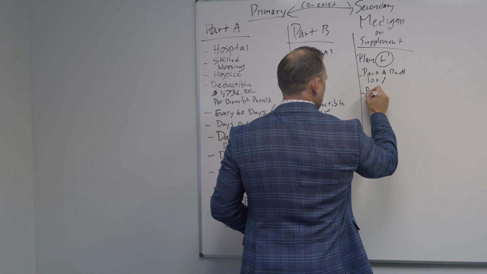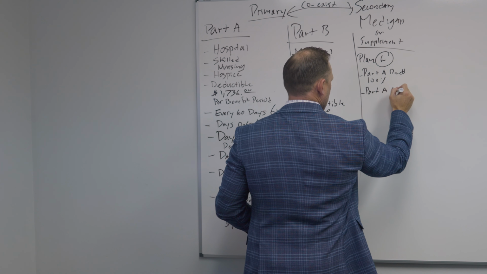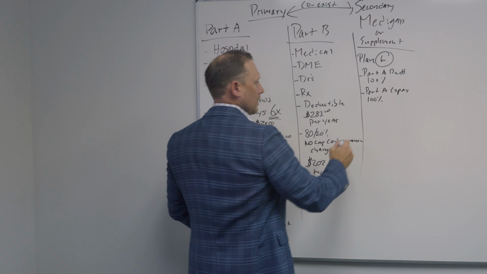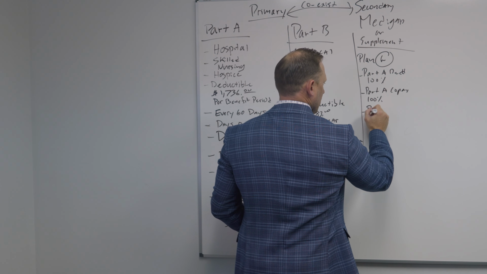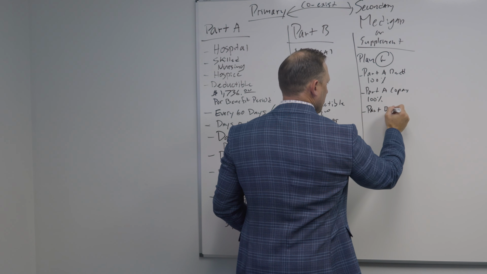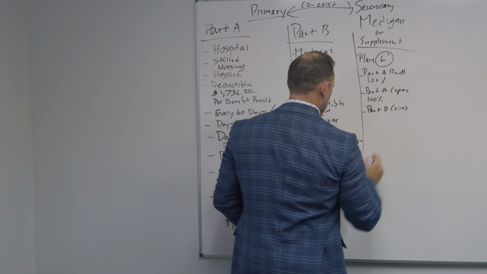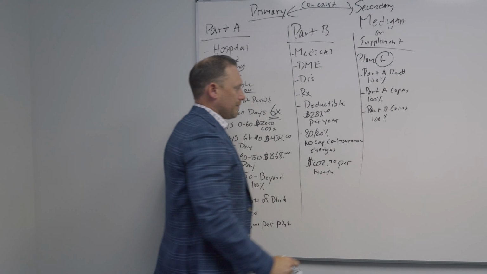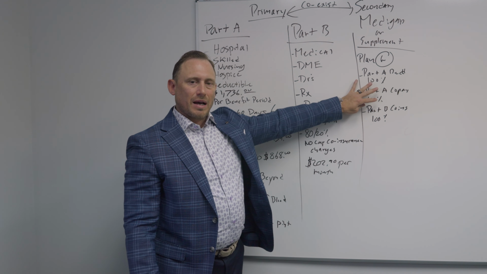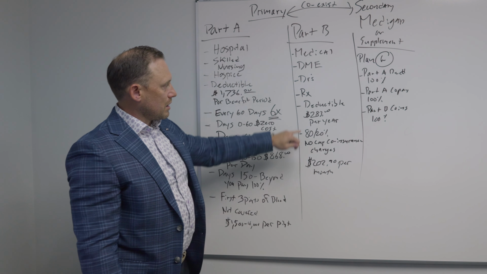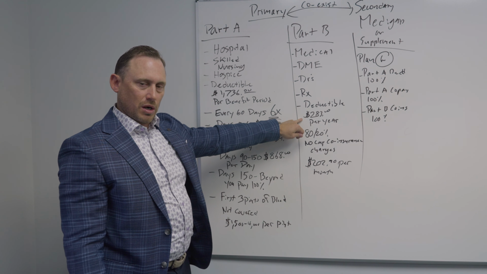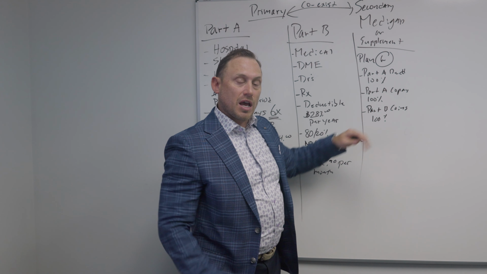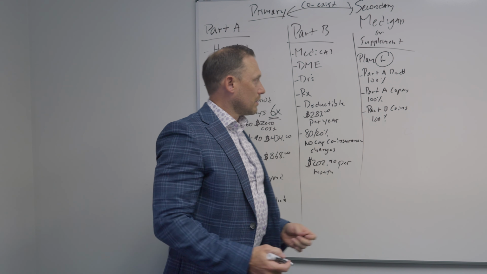It's going to cover Part A copays, 100%. It's going to cover Part B co-insurance, the 20%, 100%. The only thing that Medigap Plan G does not cover is your Part B deductible of $283. So once that deductible is met and you have a Plan G, everything then is covered 100%.